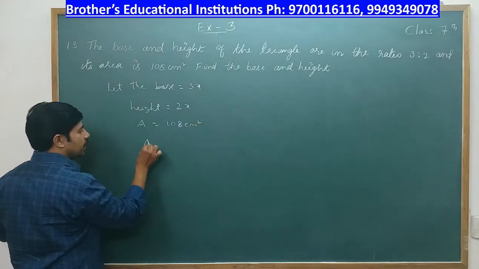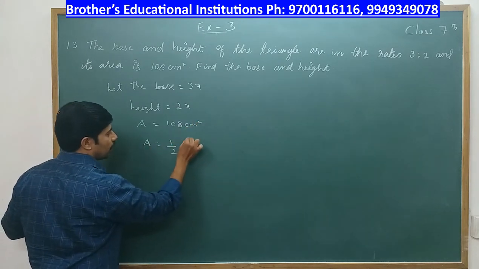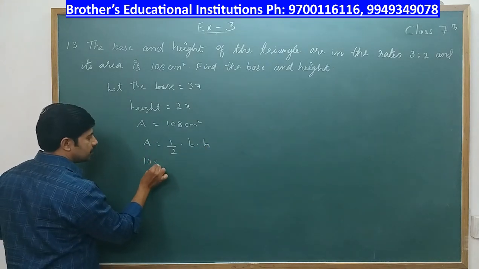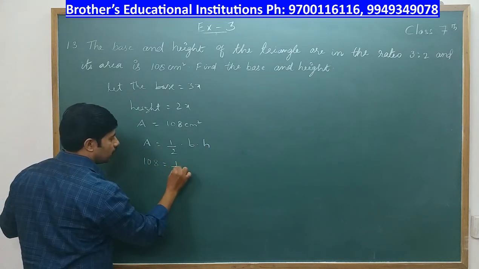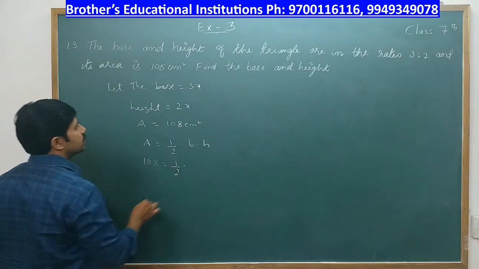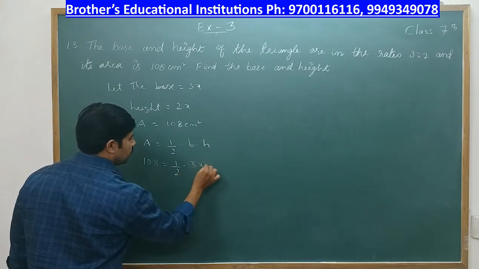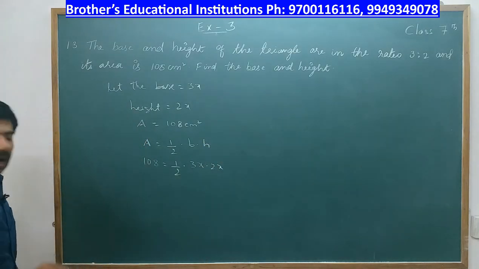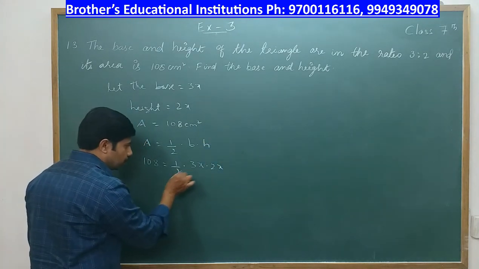Now what is the area of a triangle? It is half into base into height. So area 108 is equal to half into base, which is 3x, height is 2x. So we substituted. After that, we can eliminate 2.